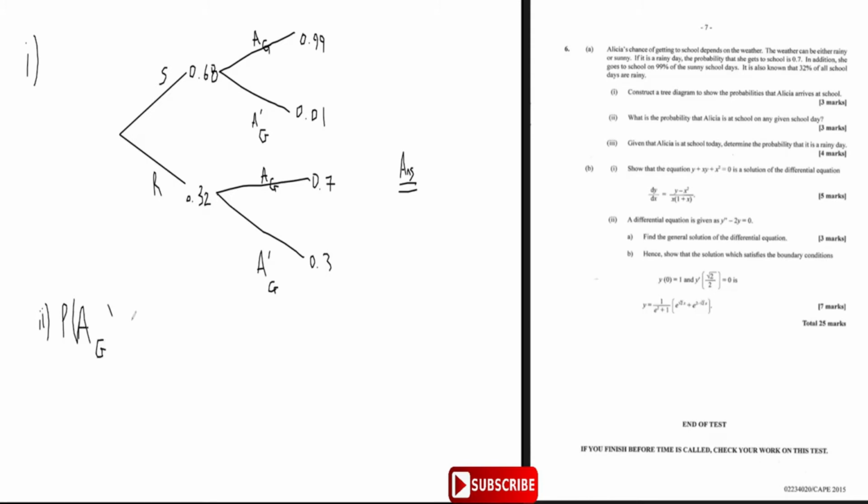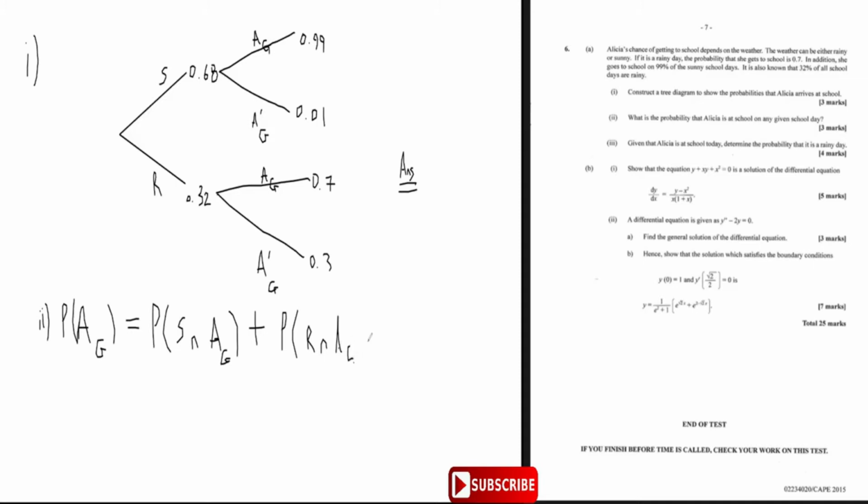It is going to be equal to the probability that it is sunny and she goes to school, plus the probability of it being rainy and she goes to school.